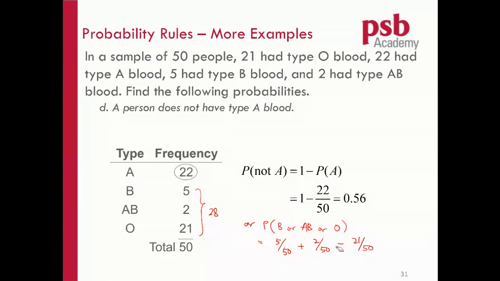So how much did you get? 21 plus 7 is 28, which is 0.56 also. So you have two ways of working it.